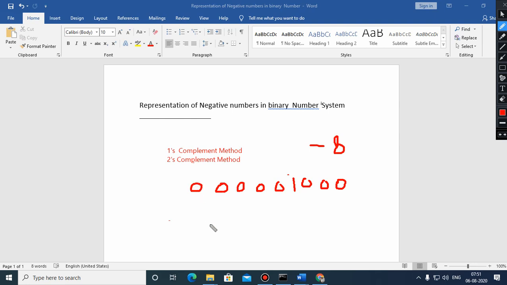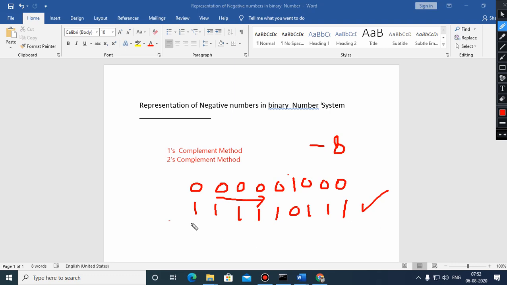But if we want to represent a negative number, this 0 becomes 1. I told you that if the sign bit is 1, the number is a negative representation. So in one's complement, all the zeros get converted to 1, and all the ones get converted to 0. Children, this is minus 8 in binary.